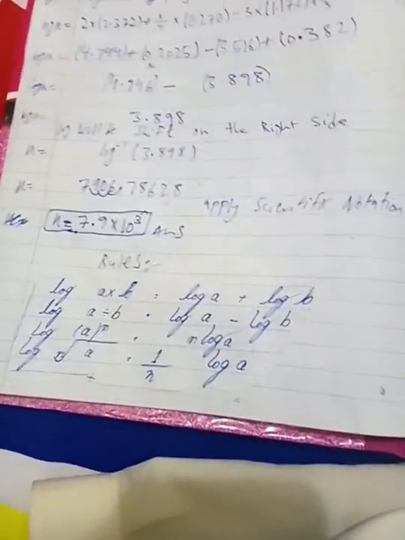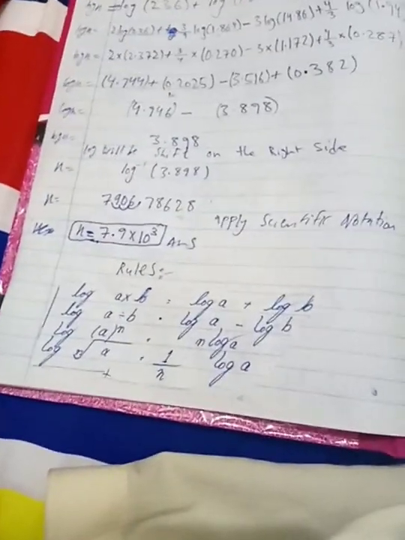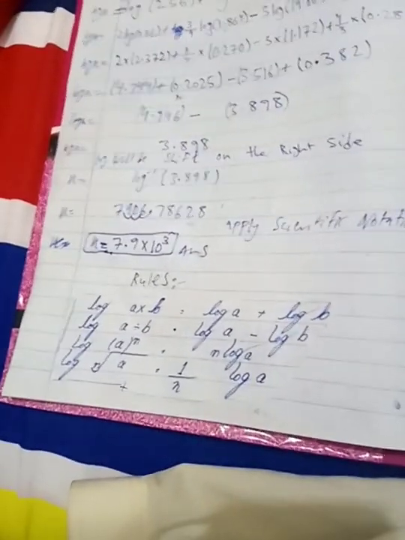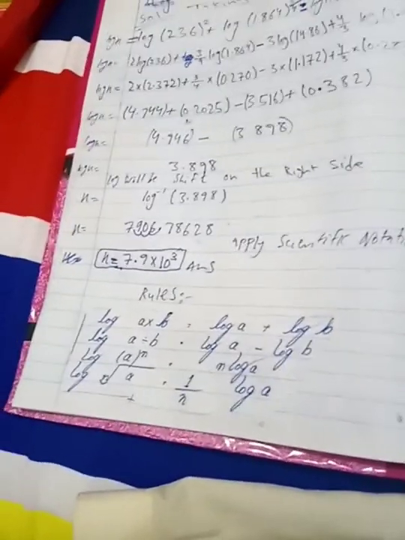Okay, on both bases. Then we have log a divided by b, which we can convert like this: log a minus log b. And if we have log a and the exponent is n, we can write this exponent before the log, like we have written here.